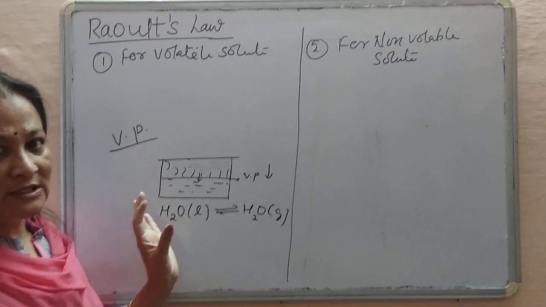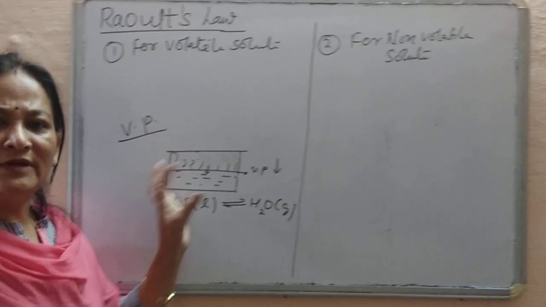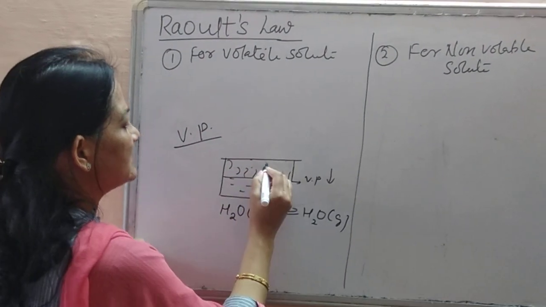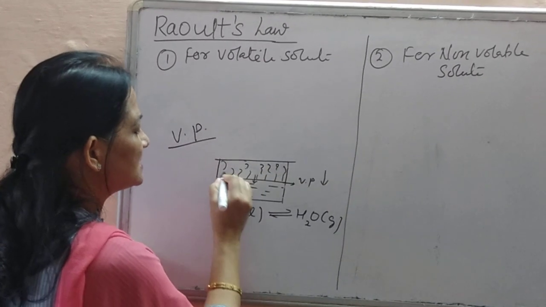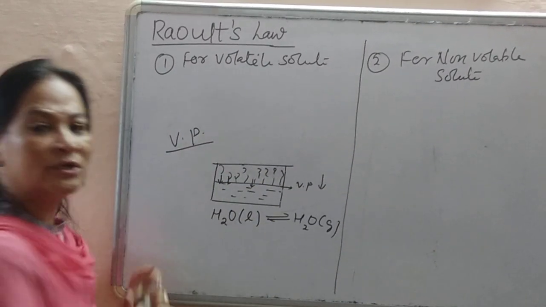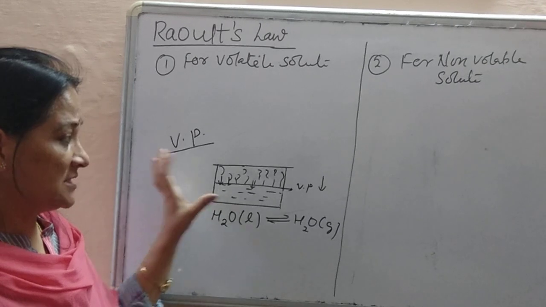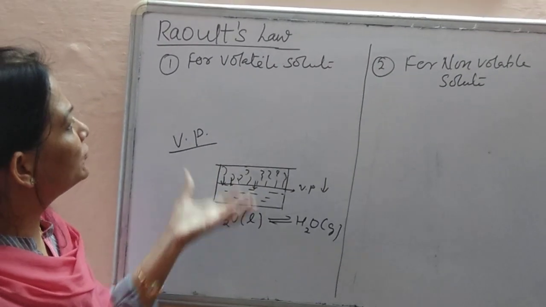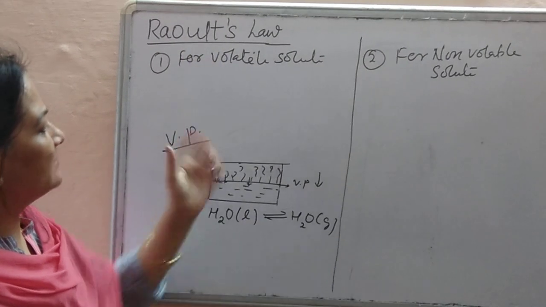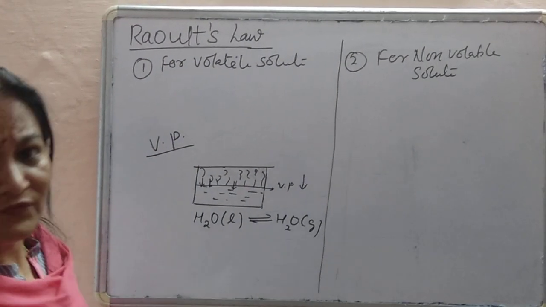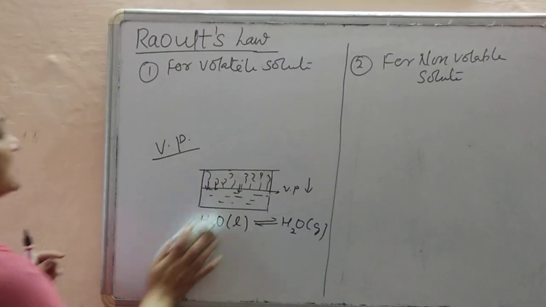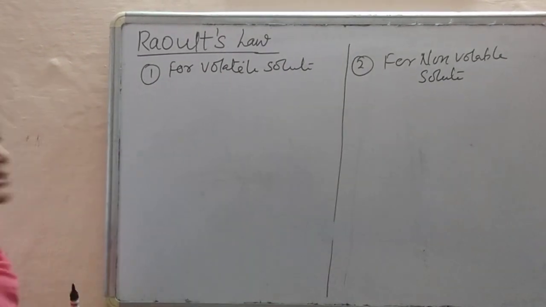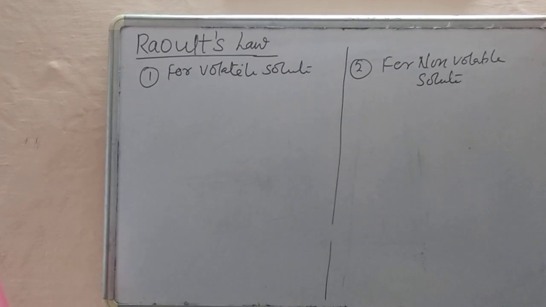So we have to wait to attain that situation, and whatever pressure is exerted by vapors on the surface of the liquid then is called vapor pressure. This is very important because we are going to understand this concept on the basis of vapor pressure only.